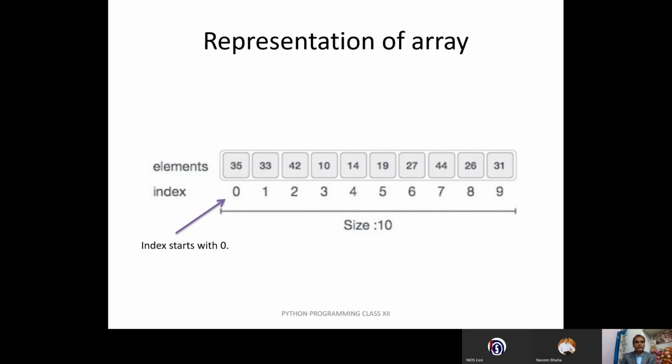You can see 35, 33, all are numerical values only. These 35, 33, 42, 10 are all called elements, and 35 has the 0th index, 33 has the first index, 42 has the second index. The total size of data is 10.